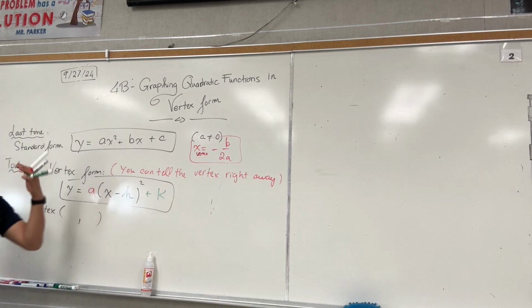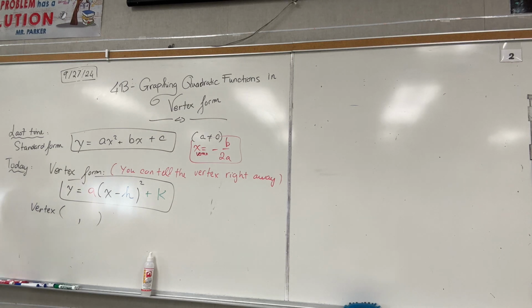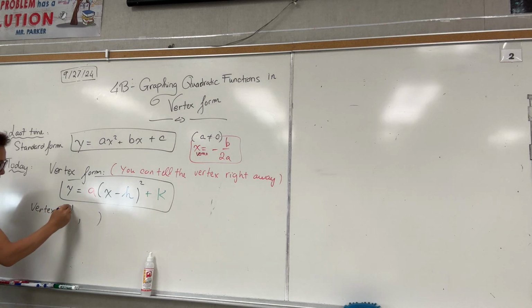That means you need to memorize some formula, and plug in some numbers. But in the vertex form, you don't need to memorize anything because it's right there. You want to take a guess? The vertex is 2 points, h and k.